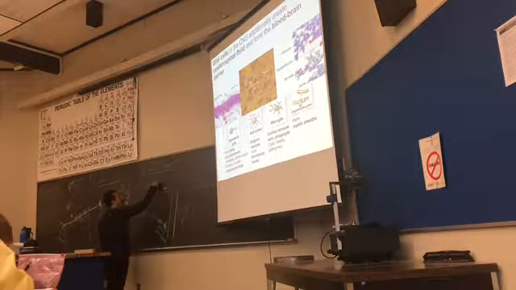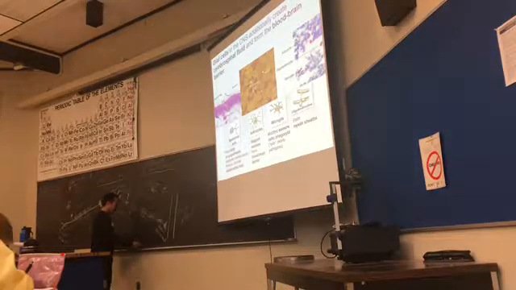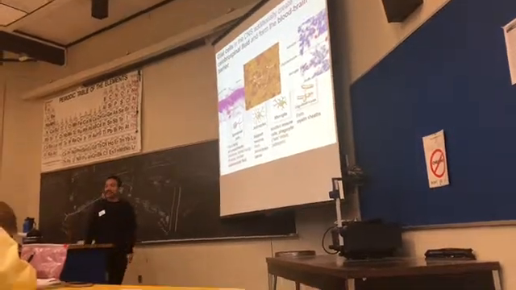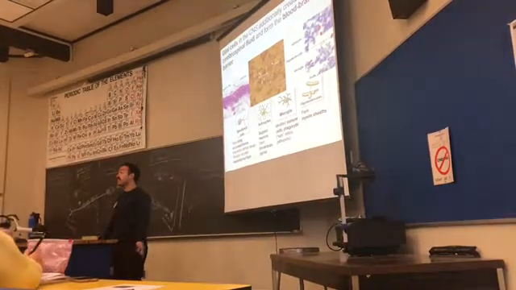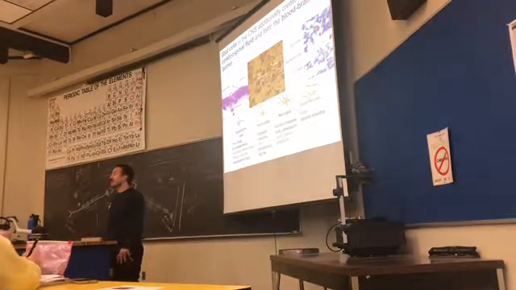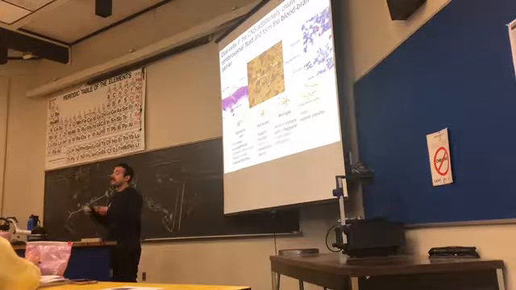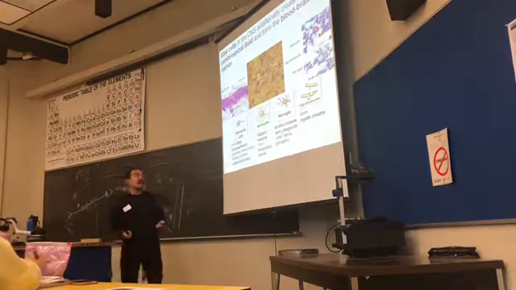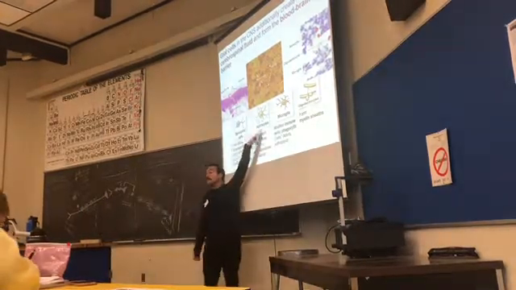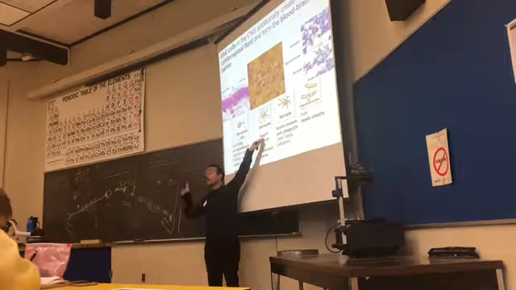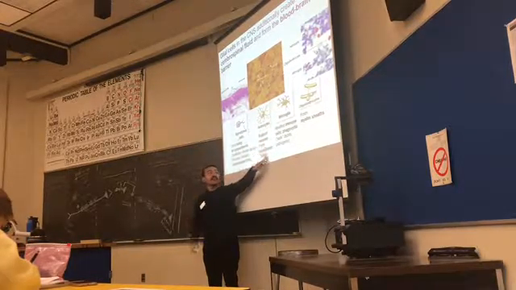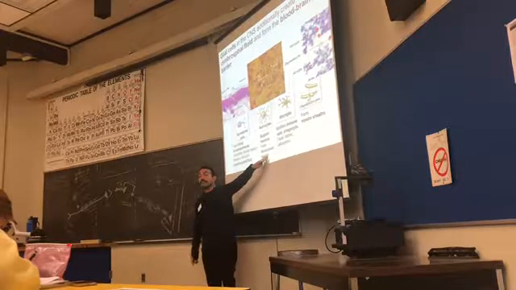Astrocytes are your jack of all trades glial cell. They do nearly everything to support neurons. I'm not going to get into all the details of what it does, but one of the major things that it does is that it forms something called the blood-brain barrier.